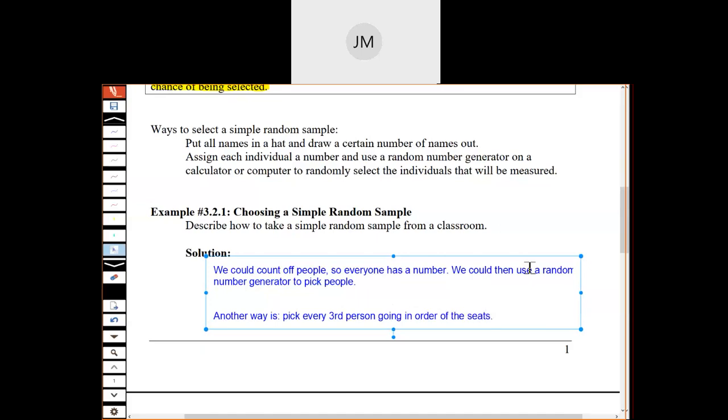And then, to make sure that everyone is equally likely to be chosen, we don't necessarily start with the first person. We can randomly pick or flip a coin or something like that to see whether we start with the first, second, or third person.